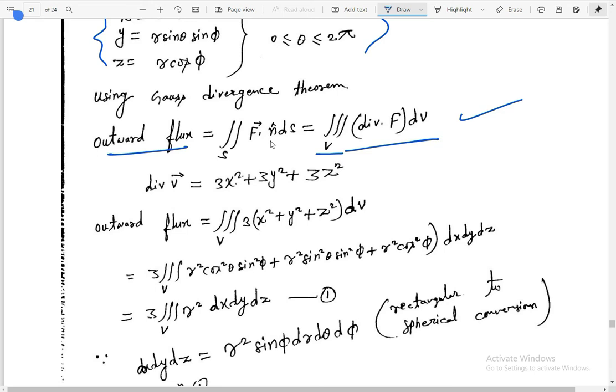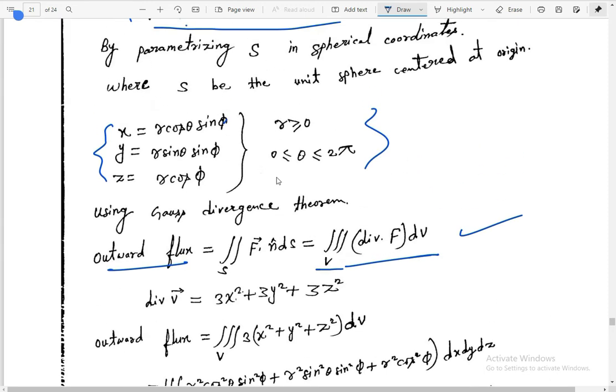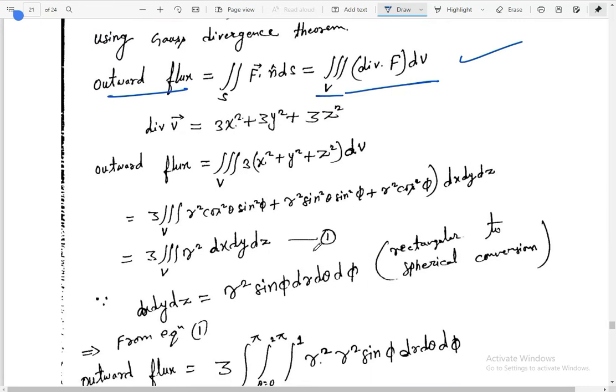We put the x, y, z values in terms of r, cos theta and so on into this formula, and finally you will have 3 r square dx dy dz.